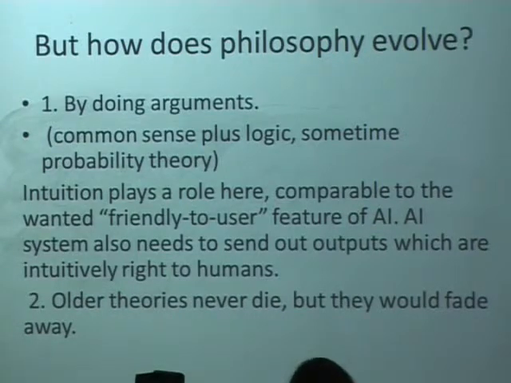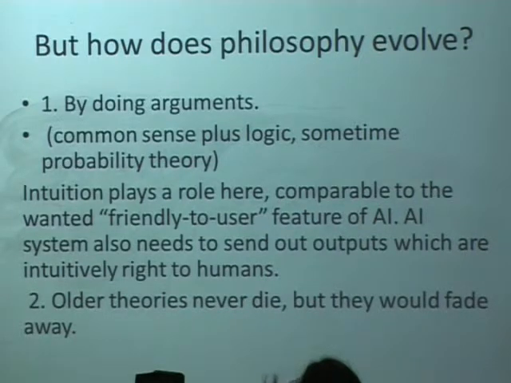Okay, people will say from intuition. But what does intuition mean? Just some commonsensical ideas. So in most parts of analytical philosophy, philosophical argument is nothing but common sense plus logic. It looks like an expert system.